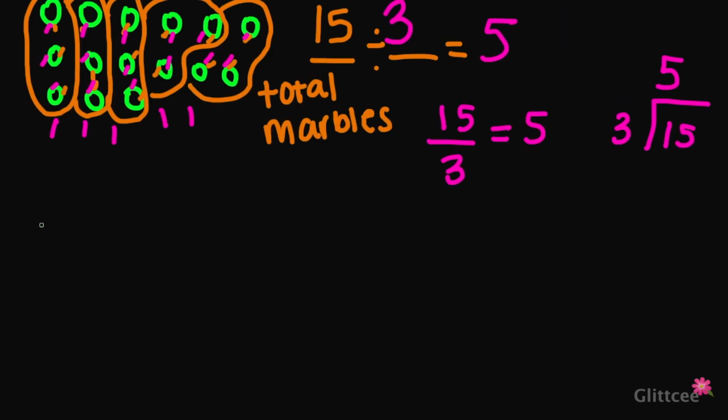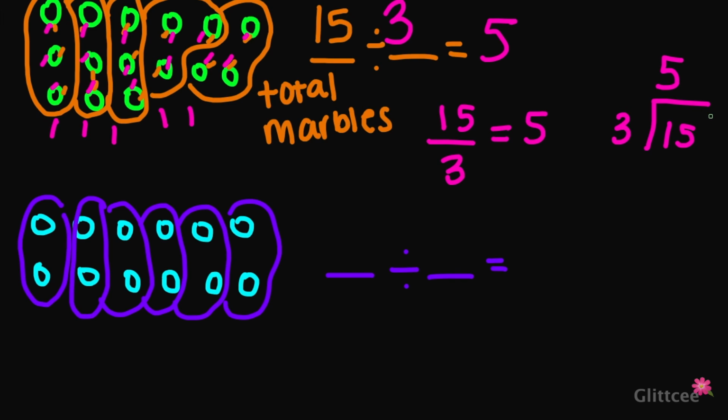I'm going to draw some more pictures and I want you to tell me what the division equation is. So how many marbles do I have in total? I have 1, 2, 3, 4, 5, 6, 7, 8, 9, 10, 11, 12. So 12 goes here. Now, how many marbles are in each group?